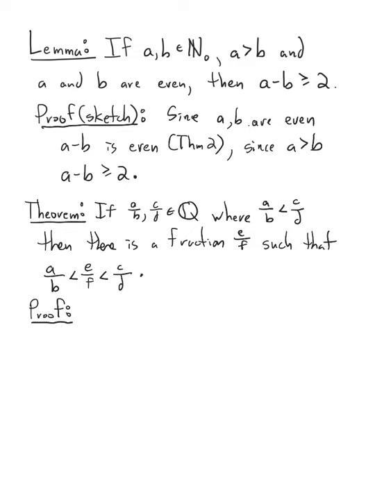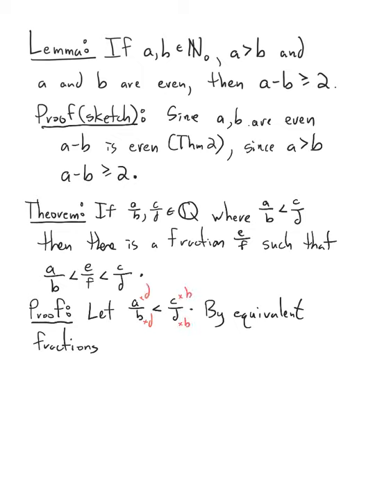Okay, so let's let a over b be less than c over d, so assuming our if part is true. Then by equivalent fractions, I'm going to multiply top and bottom of this fraction by d, top and bottom of this fraction by b.